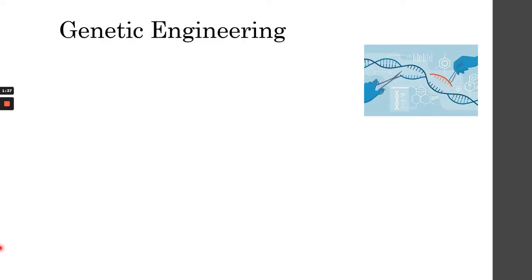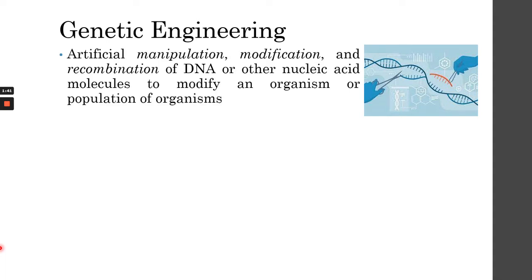So let's start with genetic engineering. What is genetic engineering? Simply said, genetic engineering is the manipulation, modification, and recombination of DNA. If you remember our discussion about DNA, DNA is the blueprint of life, as we say. It's because of the central dogma of biology.